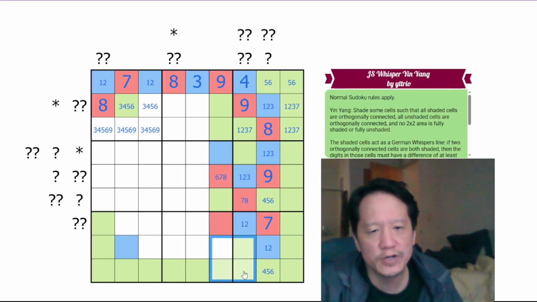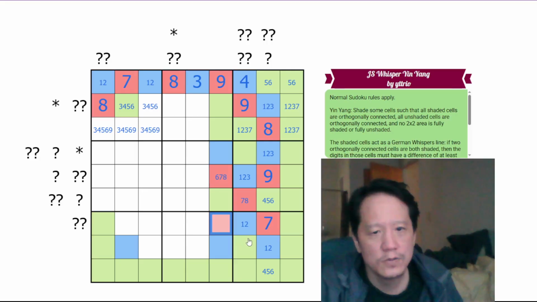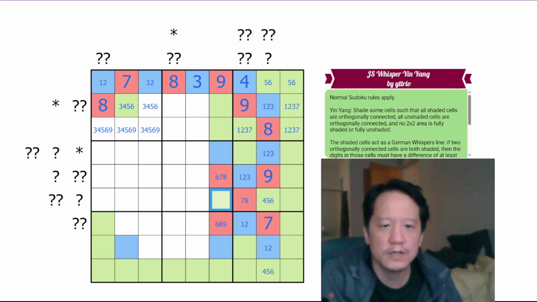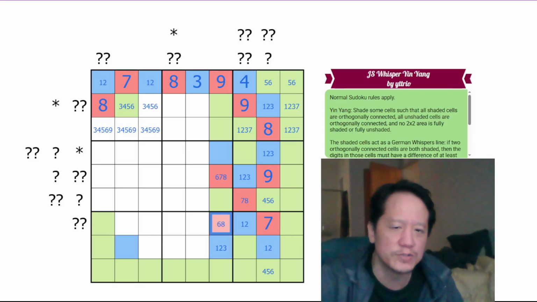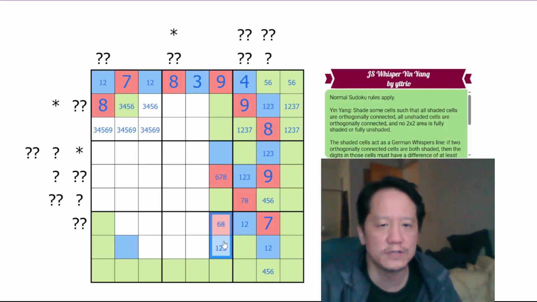So this 2x2 area has 3 unshaded, so this must be shaded and is blue. It could go down here. This has to be 6, 8, or 9. Cannot be 9 because of 9 in the column. So this must be 1, 2, or 3 to be at most next to, sorry, to an 8.